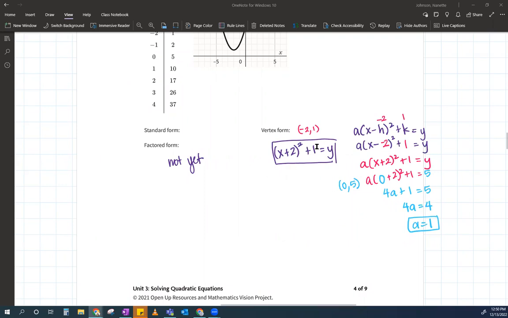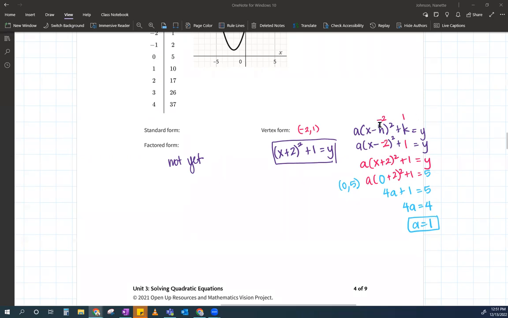Uh-oh, do we not know? Look at this. I want to get this into ax squared plus bx plus c, I want it all multiplied out. What could I do here? No, not yet.